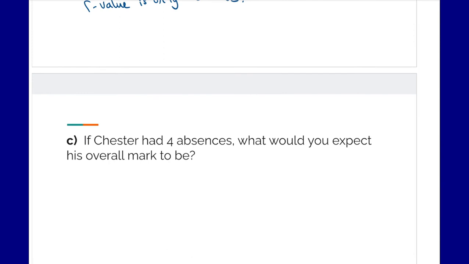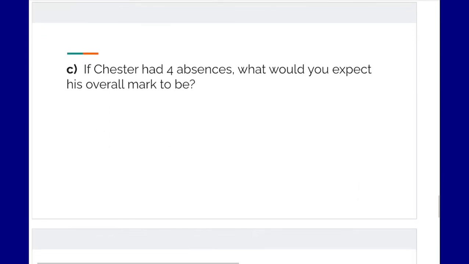If Chester had 4 absences, what would you expect his overall mark to be? So this is where the equation comes into play. So we have y equals m, which is 1.18x plus 57.7. Now, when we're told one piece of information, in this case 4 absences, we have to understand what that 4 represents. It's going to represent either the x or the y value.